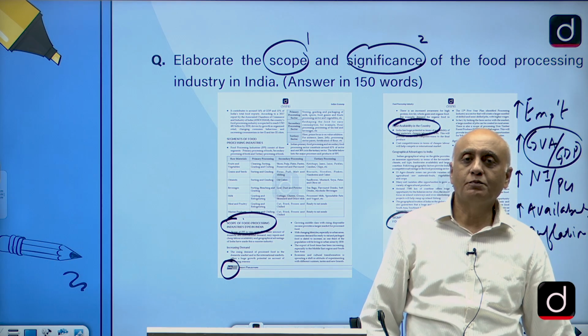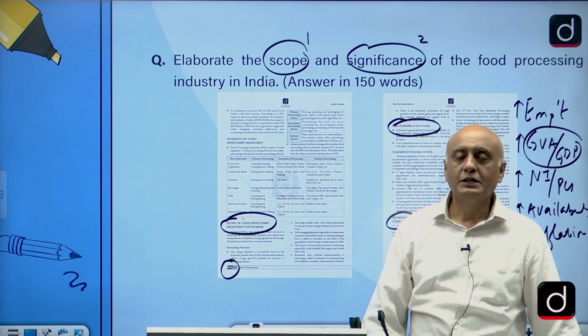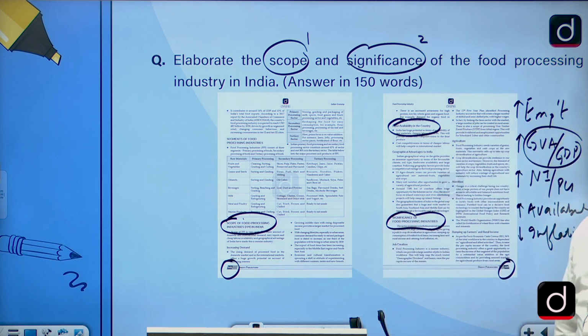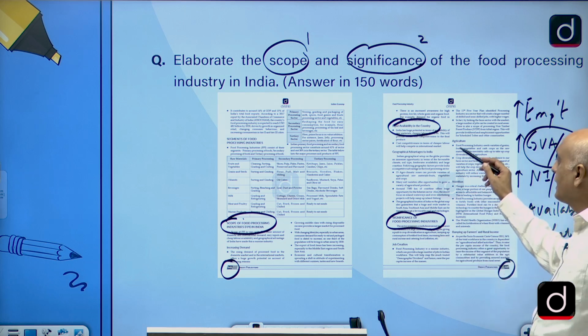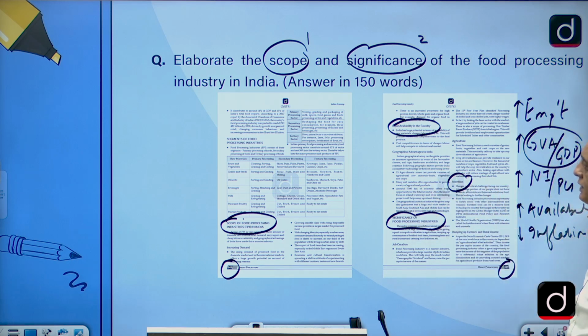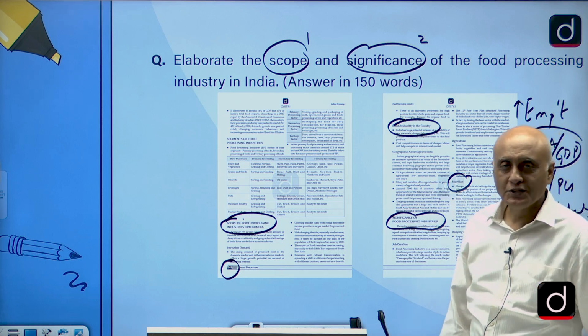So when we have a refined food processing industry in the economy, then inflation and supply chain management would be much better. So these are some areas where the food processing industry can play a very significant role. We have mentioned here job creation, agriculture sector and nutrition. Nutrition I've already explained in the scope. So I hope you understood this answer as well.